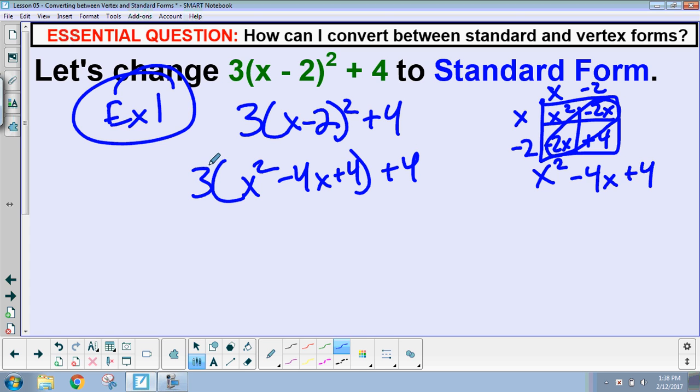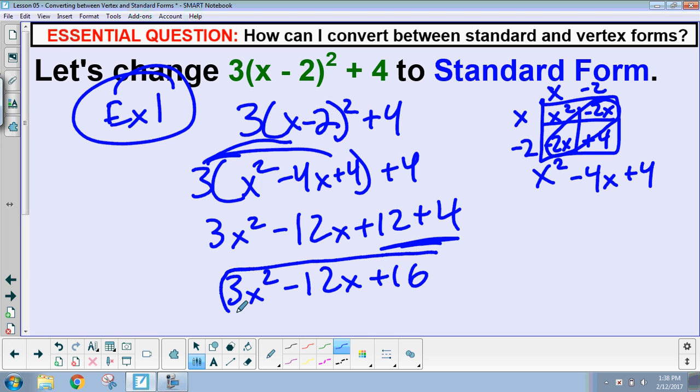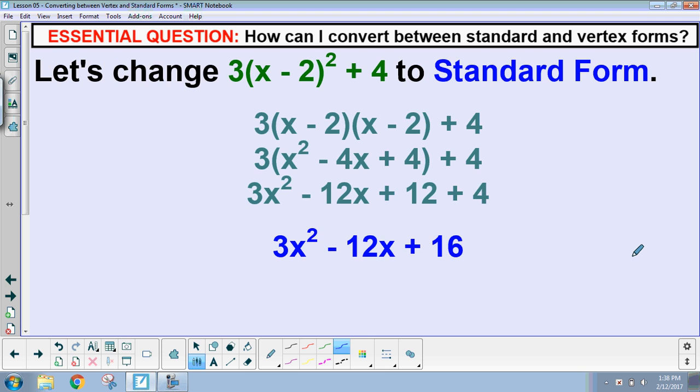Distribute the 3, so 3x squared minus 12x plus 12 plus 4, combine like terms, 3x squared minus 12x plus 16. Boom. Nailed it. So let's check our work. Sure enough, we got it right.